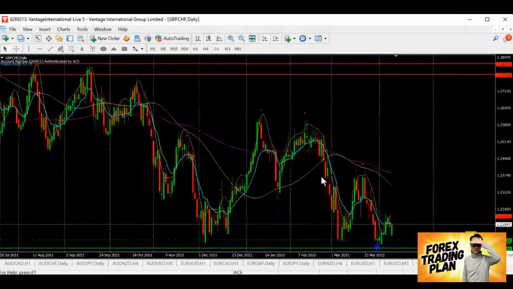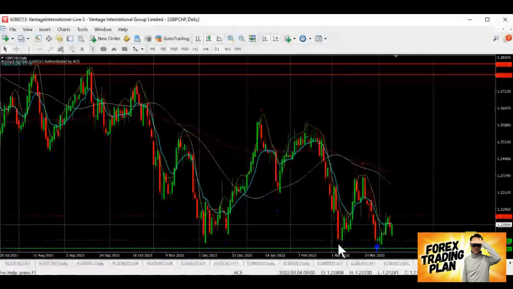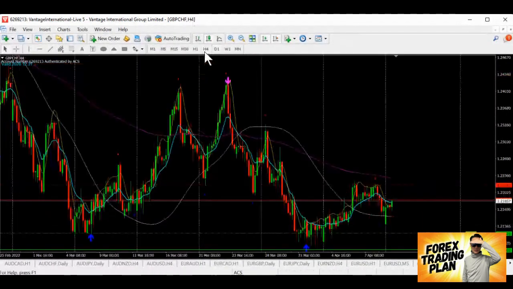All right, so how about pound franc? Definitely no for selling. We are going for a buy today after we can see it tested the support and retested again. What is this? It's a double bottom, and it's going to go for a buy very soon.